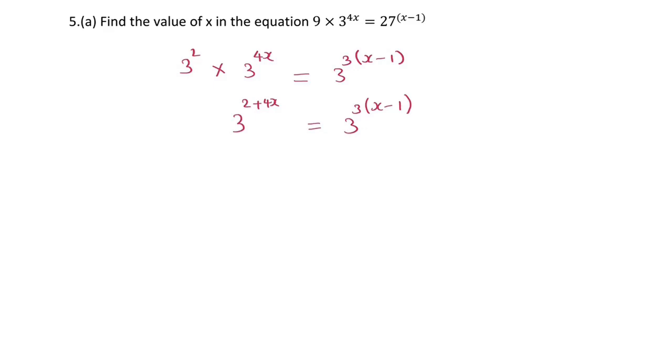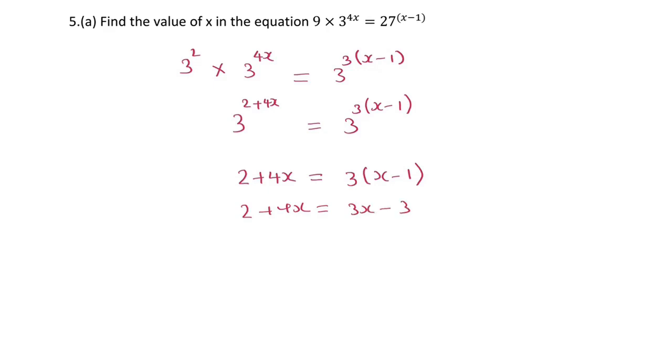Okay, so next we are going to equate the exponents because their bases are the same. Then our expression is going to be 2 plus 4x equals 3 in brackets x minus 1. Let us now open the brackets for our right hand side. Then we are having 2 plus 4x equals 3x minus 3.